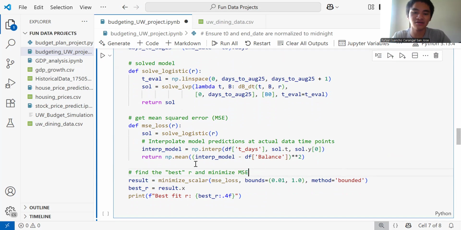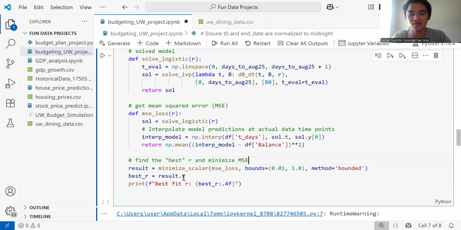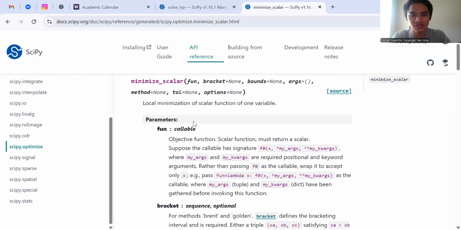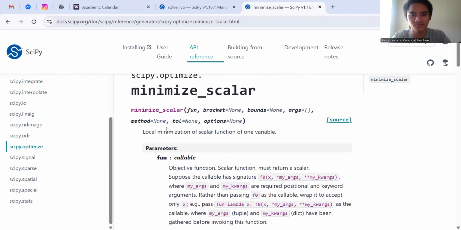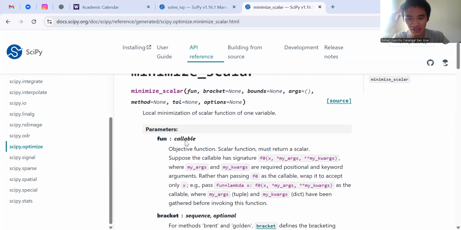Now I'm gonna admit I don't know what this is doing under the hood, but based on this, this is something that Python does. It basically does minimization of a scalar function of one variable. And so that's what I'm doing here.